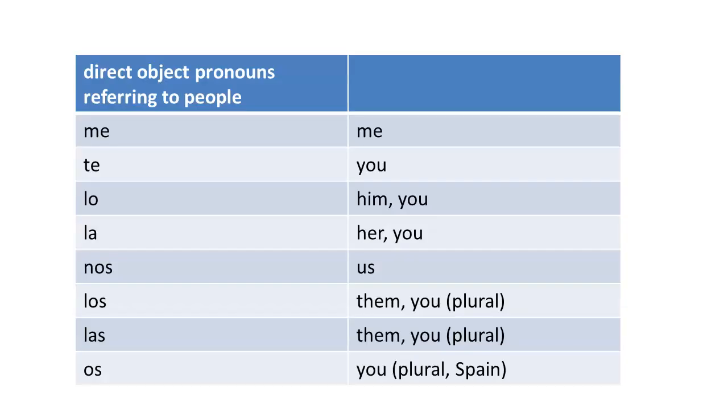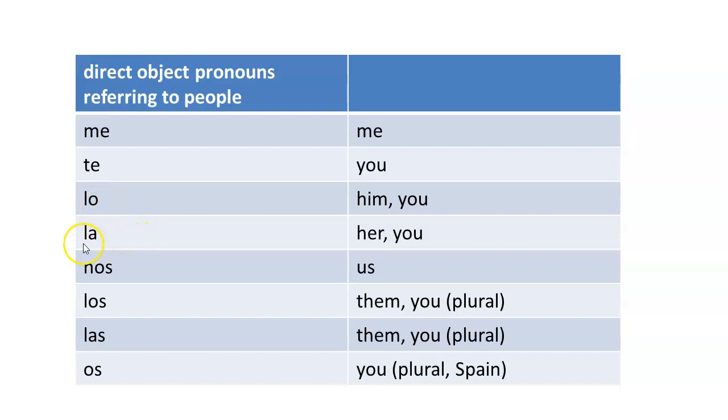So let's take a look at our Spanish direct object pronouns. Now, all of these refer to people. So for example, if you see me, in Spanish, that would be me. Or I could say, well, I see you, and this is the informal you. That would be the direct object pronoun te. I see him, lo.